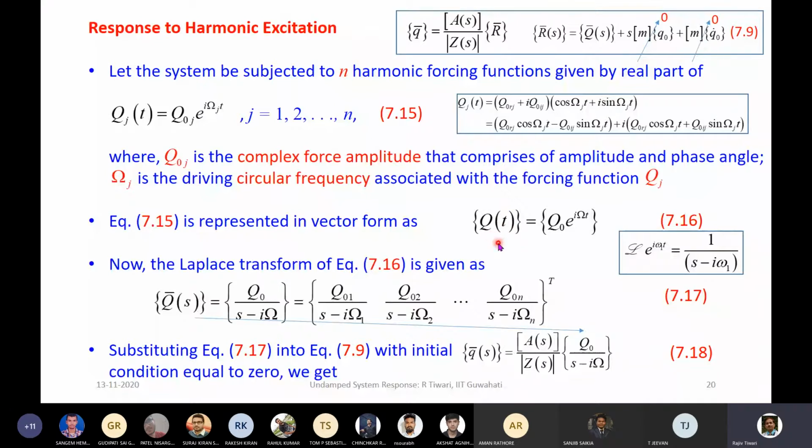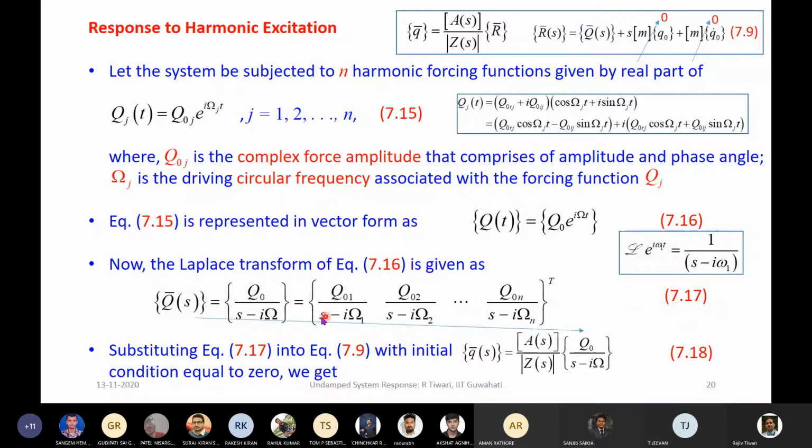It has n components, and n frequencies and n complex force amplitudes. Now, because our other quantities are in the Laplacian domain, if we take the Laplace transform of this quantity, this force in the Laplacian domain can be written as various components at different frequencies.